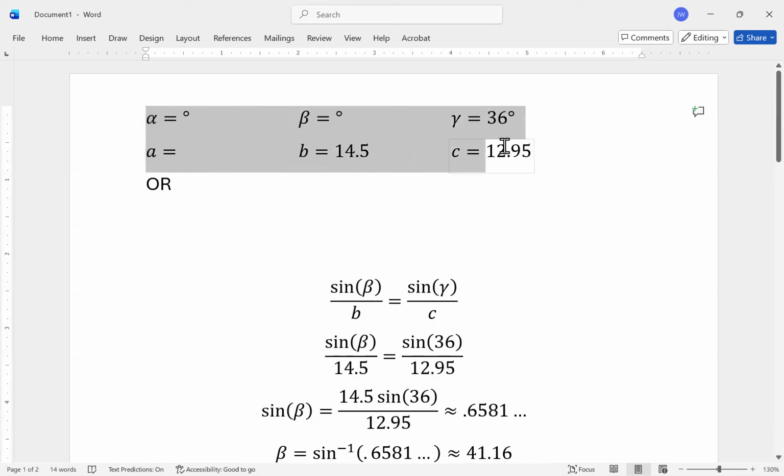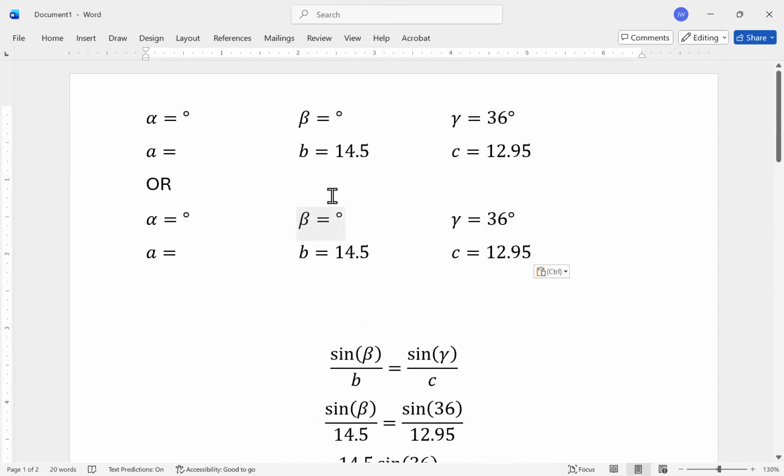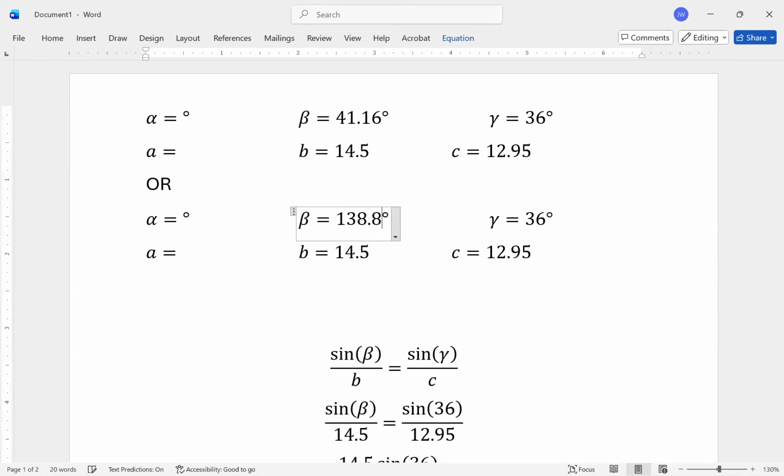So we're going to have two options for triangles. One whose beta value is 41.16 degrees, and the other whose beta value is 138.84. Then we're going to have to find the alpha and the A in both of these cases.